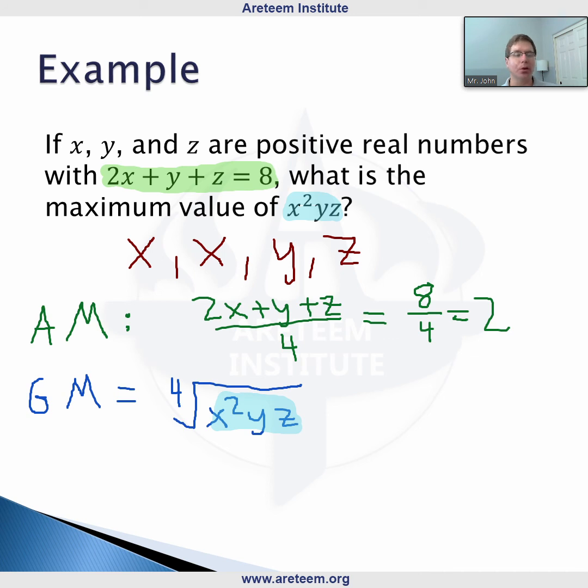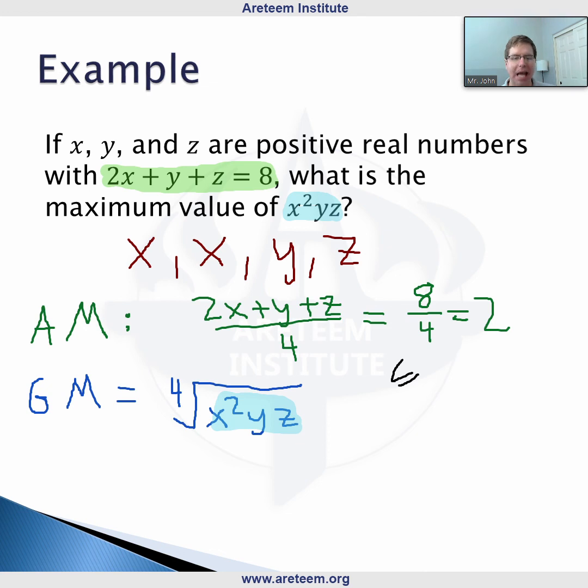Now, remember the inequality here. The AM-GM inequality tells us that the arithmetic mean is always greater than or equal to the geometric mean. So we actually have here that the fourth root of x squared y z is less than or equal to 2.